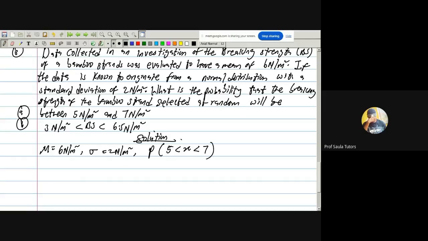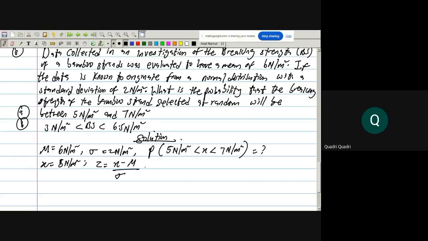Are we together? Yes. This is what you have to find. Firstly, we standardize these values. For x equal to 5, z is x minus the mean, so 5 minus 6 over 2, which is minus 0.5.